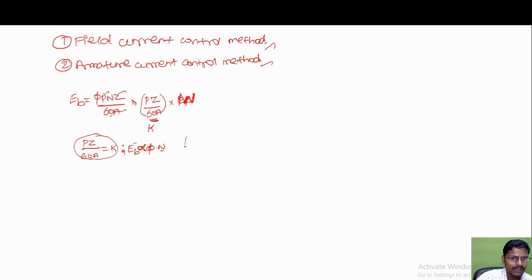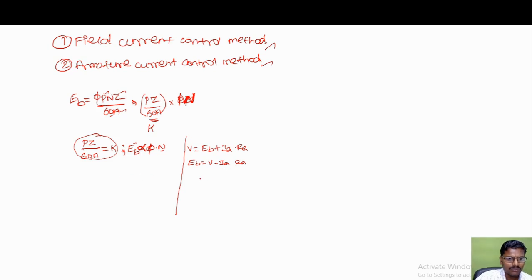We know the other relation, the voltage equation for a DC motor: V is equal to EB plus Ia into Ra, where this equation can be rewritten as EB is equal to V minus Ia Ra, right?